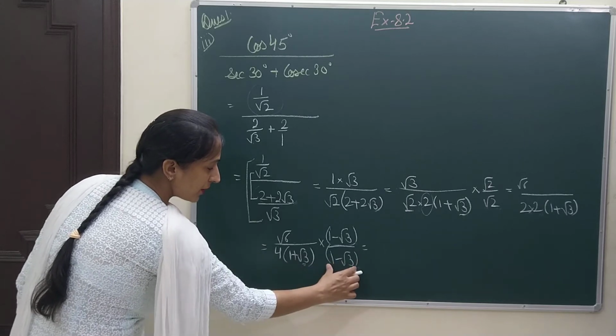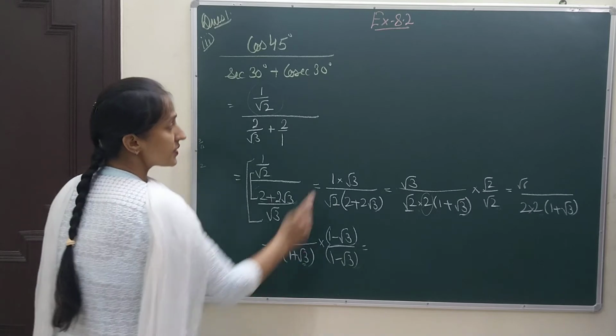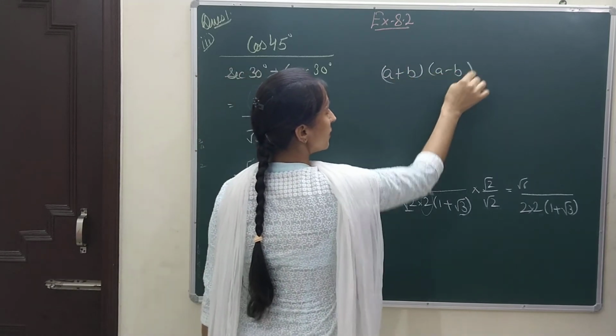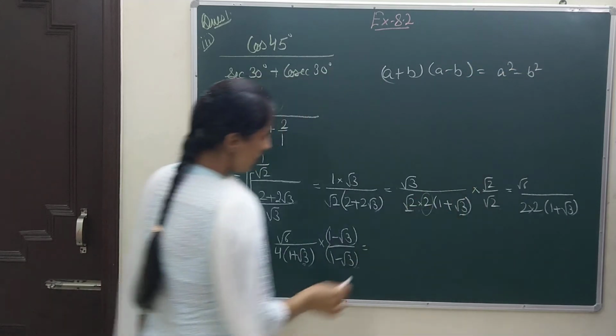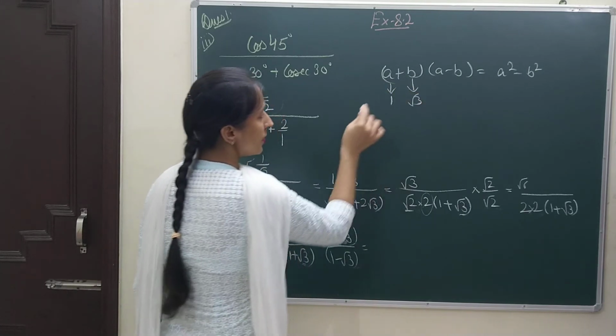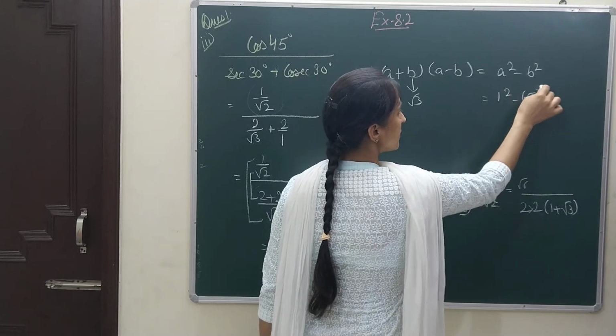If (a plus b) and (a minus b) come together in multiplication, your result is a square minus b square. Here a is 1 and b is root 3. So my answer will be 1 square minus root 3 square.